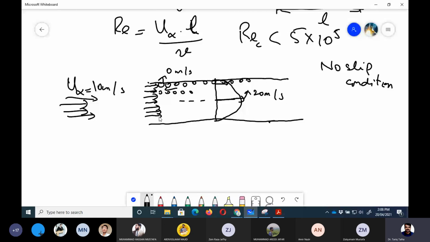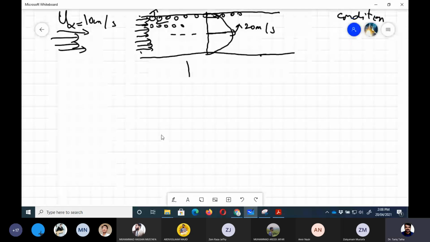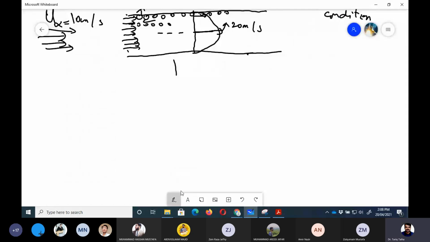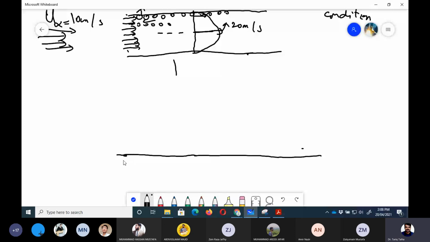And this drag force, okay, let me make a zoom in view. If I show only the one pipe surface, we take locations here. Here we have got location 1, location 2, 3, 4, 5, right?